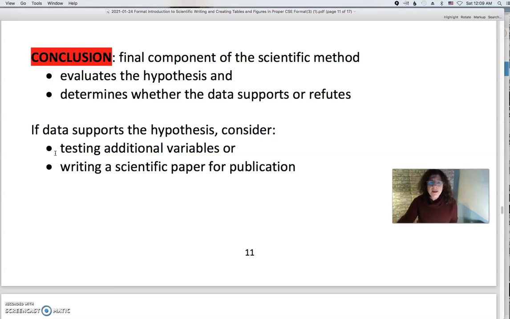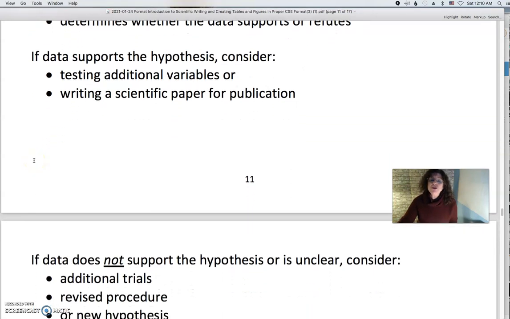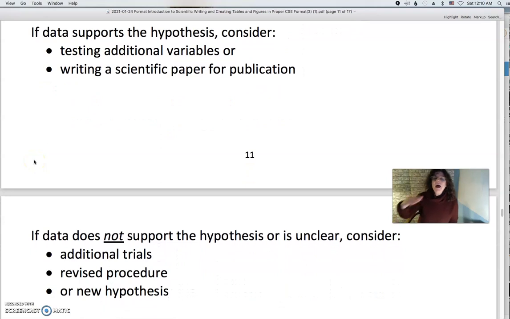When you are thinking about a conclusion, you do not simply regurgitate all of your findings. Your findings should be spelled out with your analysis. So your conclusion is really supposed to highlight your hypothesis and whether or not the data supported or refuted the hypothesis.